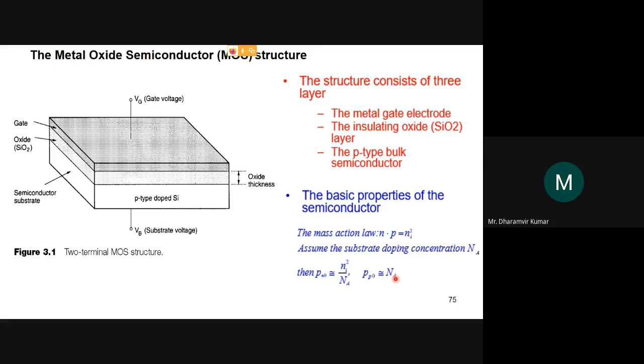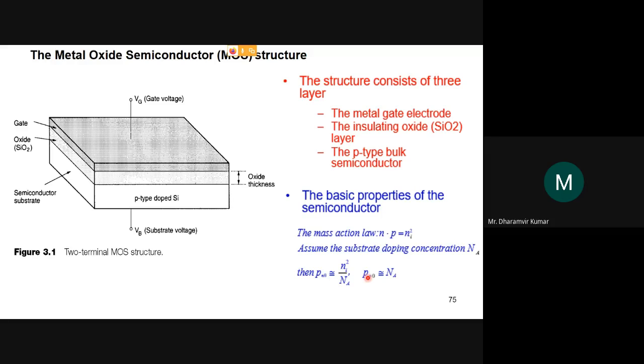Hence we say that the concentration of minority carriers, that is electrons in this case, is almost negligible, because all the doping material contributes towards the concentration of holes and not towards the electrons.